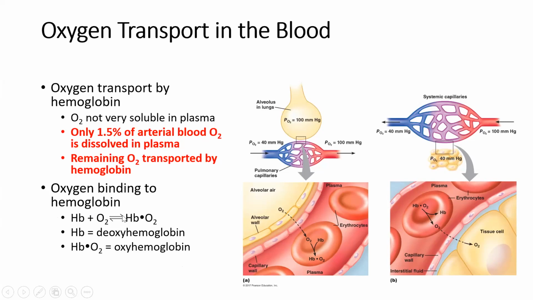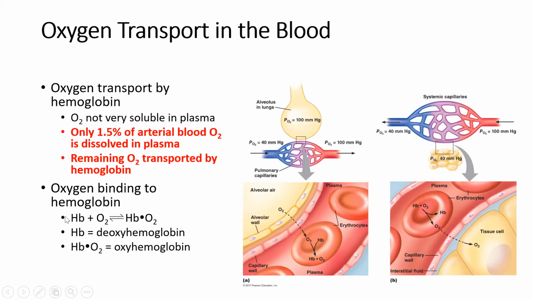So we can bind oxygen to hemoglobin, and on the left, this is called deoxyhemoglobin. And we've got these double-headed arrows, which indicate that this is a bidirectional reaction. And on the right here, we have oxyhemoglobin. So when hemoglobin has oxygen bound onto it, it's oxyhemoglobin. And when it doesn't have oxygen bound, it is deoxyhemoglobin.